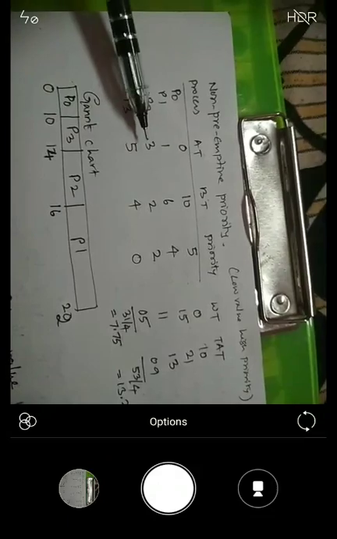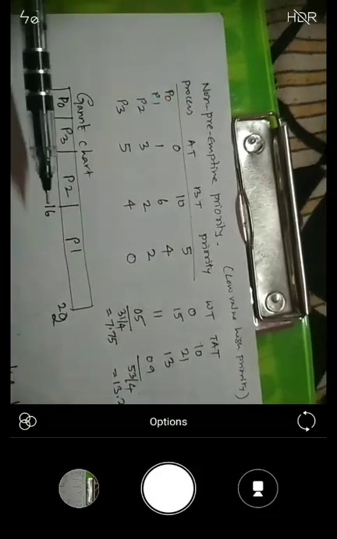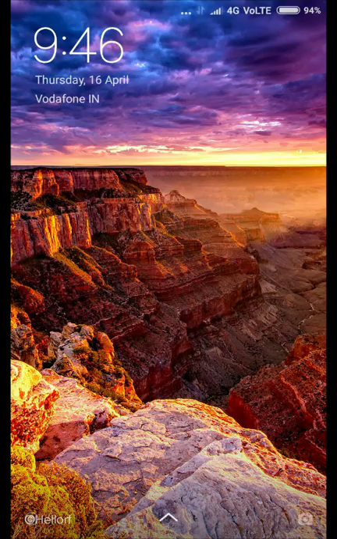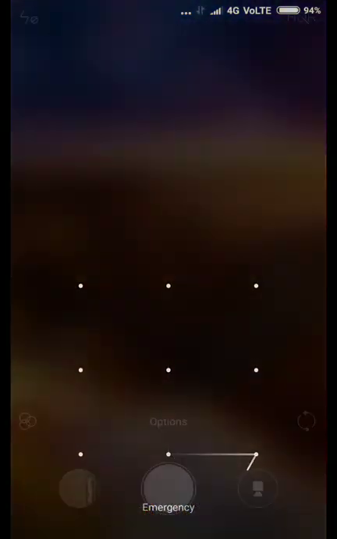Then P2, which arrived at the 3rd second but whose execution started at 14: 14 minus 3 is 11. And finally P3, which arrived at the 5th second and whose execution started at 10: 10 minus 5 is 5.